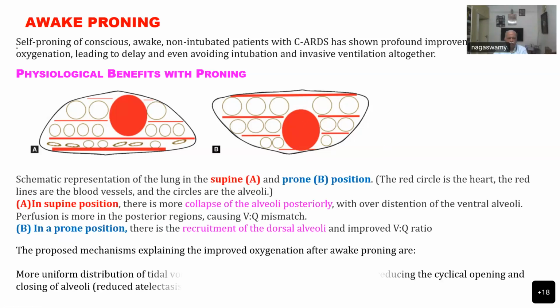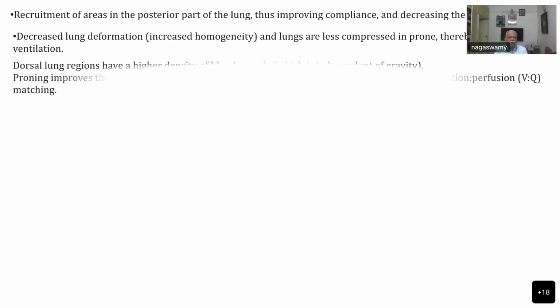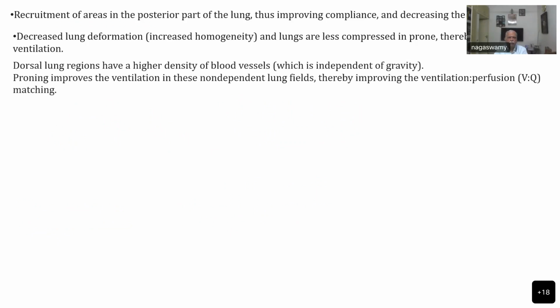More uniform distribution of tidal volume and reducing the cyclical opening and closing, that is reduced atelectasis, and recruitment of areas where the lung has not been previously ventilated, so recruitment maneuver also happens, and increased homogeneity with a less compressed lung and increased blood supply.